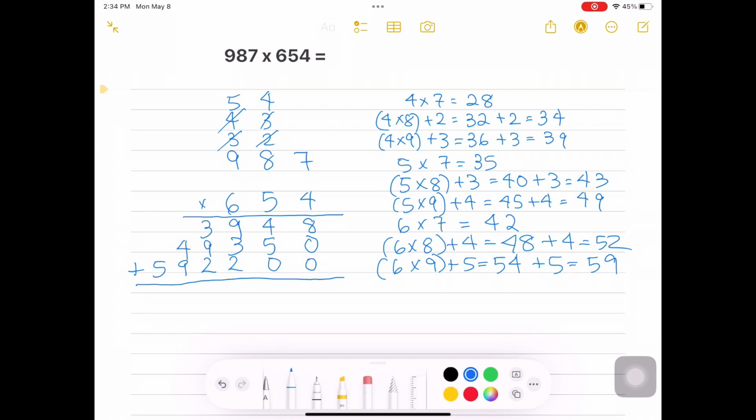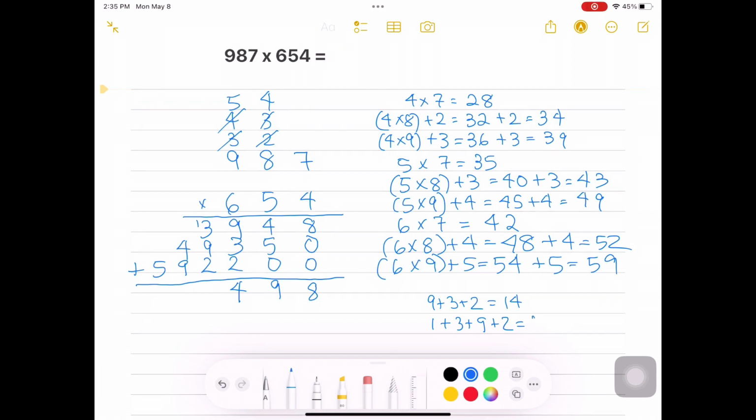8, bring down the 8. 4 plus 5 is 9. 9 plus 3 plus 2 equals 12 plus 2 equals 14. Write down the 4, carry the 1. 1 plus 3 plus 9 plus 2 equals 15.